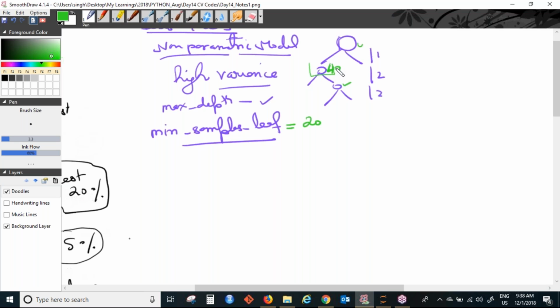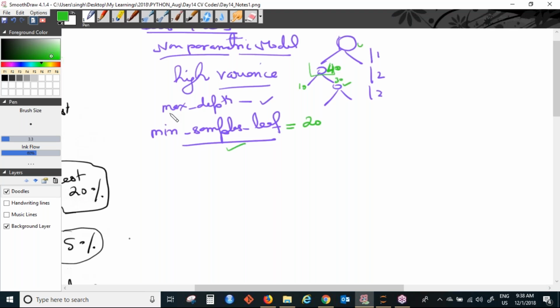Now if the split happens here and you end up with 30 points in one bucket and 10 points in the other, then min samples leaf will avoid this split, because 10 is less than 20. Whichever split results in a bucket with fewer than 20 points, min samples leaf will not allow that split.